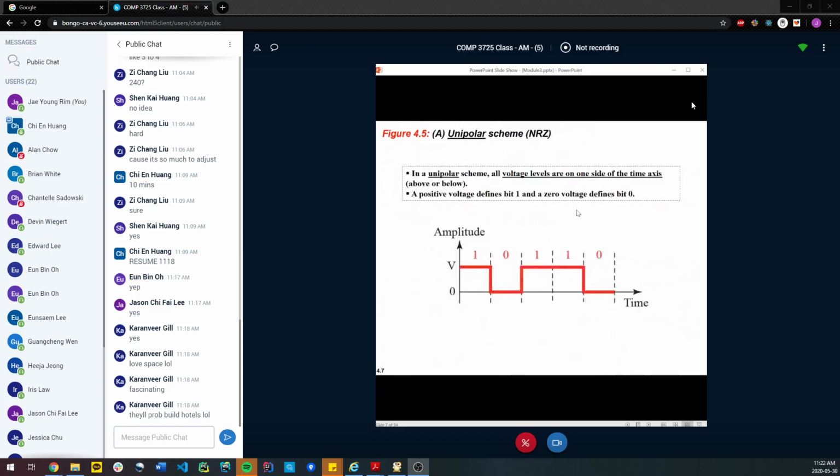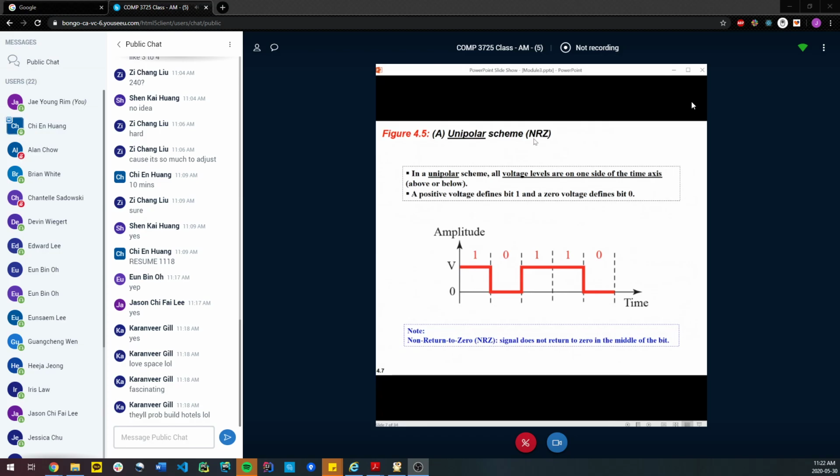To read these timing diagrams, the dotted lines always represent the logical bit boundaries. If the voltage doesn't change in the middle of a logical bit, it is an NRZ scheme, a non-return to 0 scheme. Is that clear?